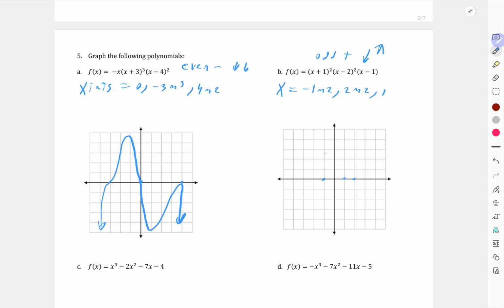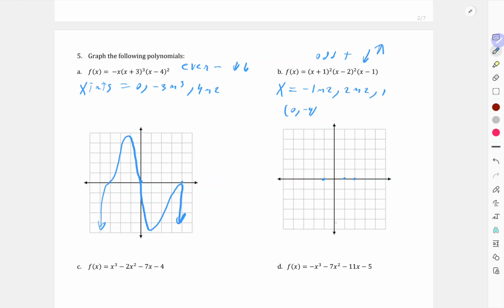At our -1, actually wait, let me find a y-intercept for this. If you plug in zeros for all of them and solve it in your head, you will get a y-intercept of 0 and -4. That's our y-intercept.